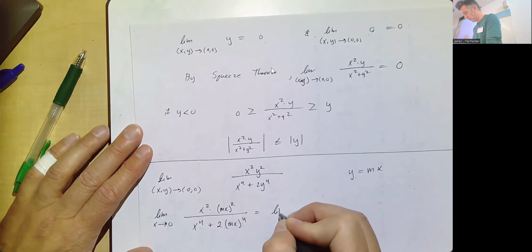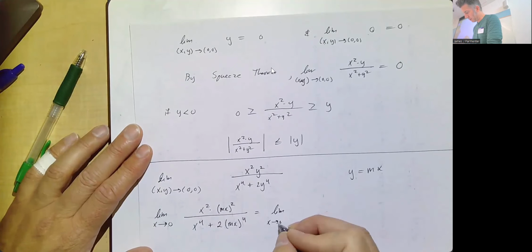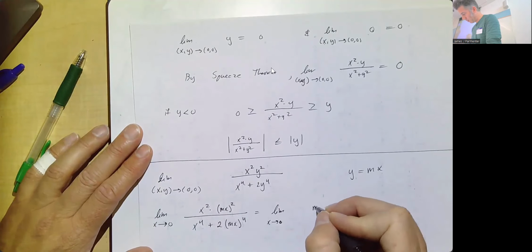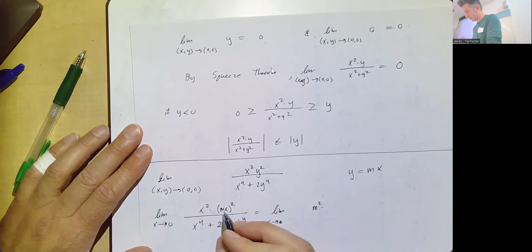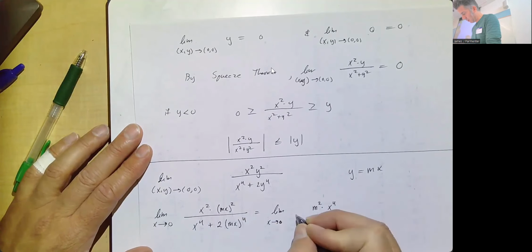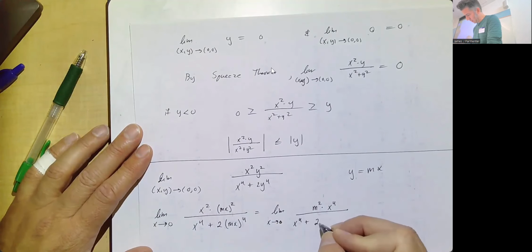Simplifying, you get the limit as x goes to 0 of m squared times x squared is x to the 4th over x to the 4th plus 2 times m to the 4th times x to the 4th.